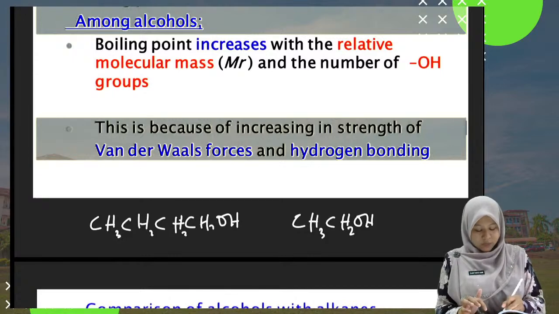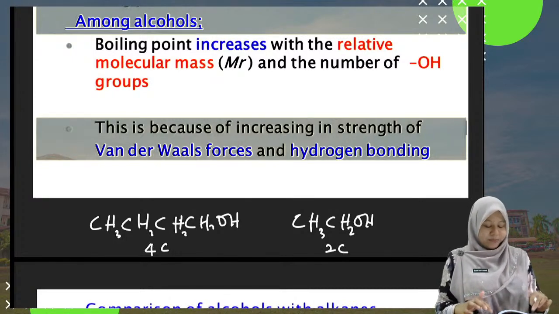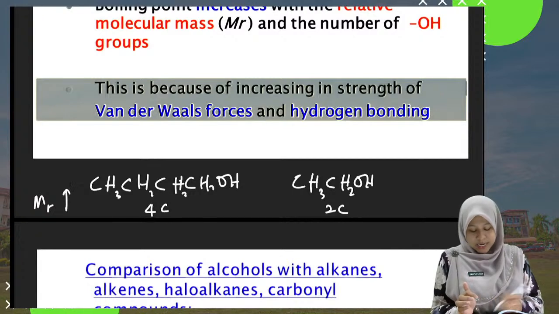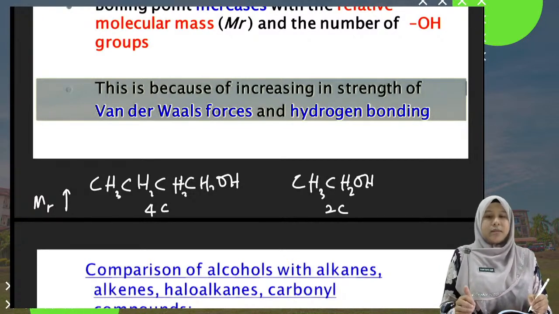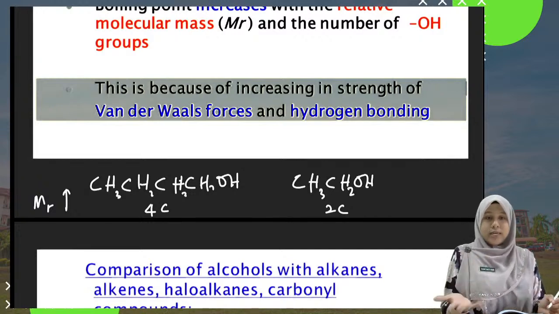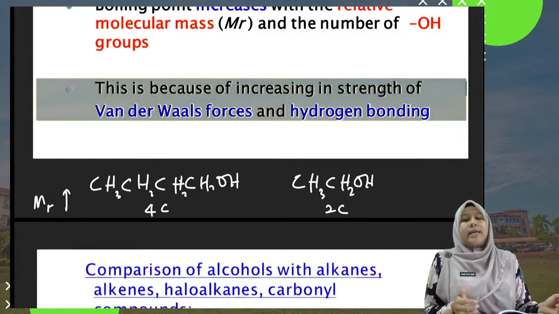If you look here, the molar mass for 4 carbon is higher compared to 2 carbon. So if the molecular mass increases, which means the number of carbon also increases, the boiling point increases.